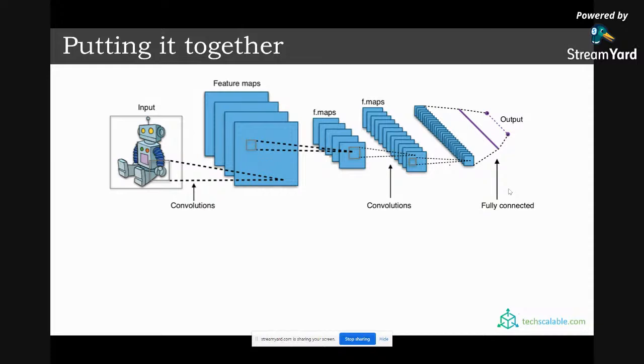So this is how a vanilla convolutional neural network looks, with pooling layers and feature maps. If it is classification, then softmax. If it is regression, then some linear activation function will be there, and feature extraction will be done as such.